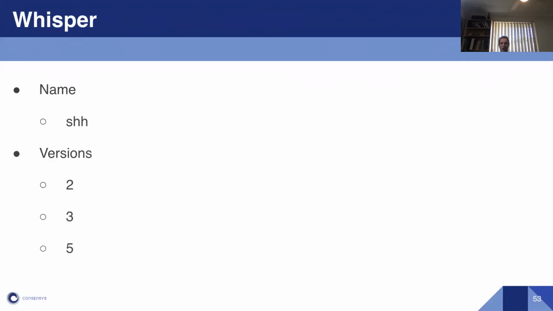Whisper has a name of SHH because, you know, let's be quiet and whisper. There are versions 2, 3, and 5 floating around on the network. And that's what we've got for Whisper. So again, Whisper is a way of sending private messages without storing those messages on the blockchain.